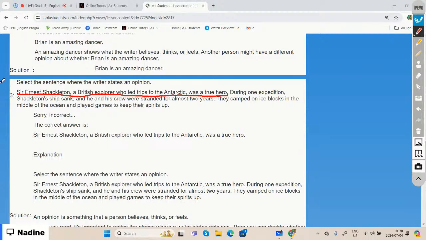Maybe somebody else differs. But the writer believes, or thinks, or feels that this man, Sir Ernest Shackleton, the British explorer who led trips to Antarctica, was a true hero.